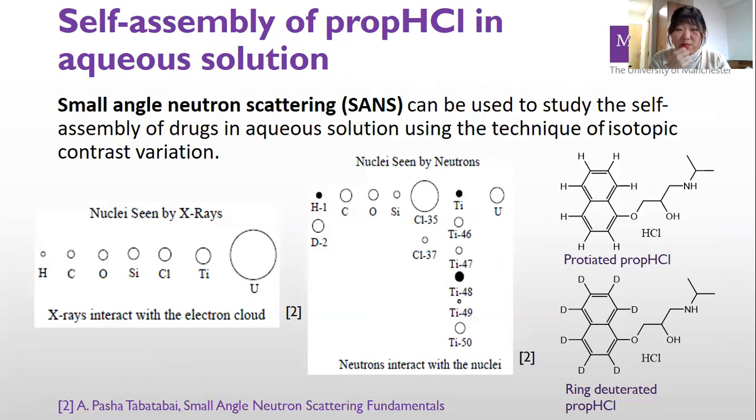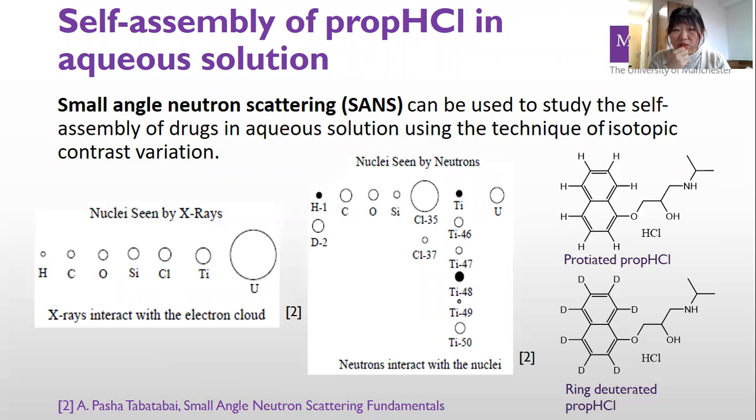To study the self-assembly of the drug in solution, we use a technique called small angle neutron scattering. Neutrons are good to study the bulk properties of a material because they can deeply penetrate into an atom without being affected by electrons, due to the strong nuclear force when interacting with nuclei.